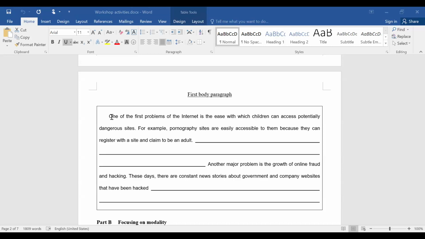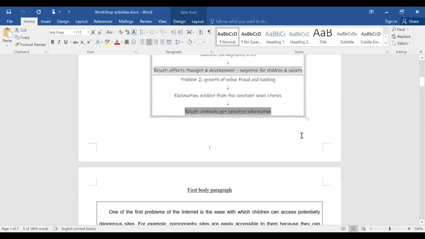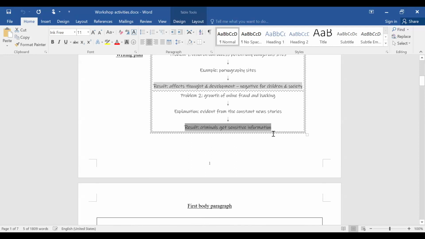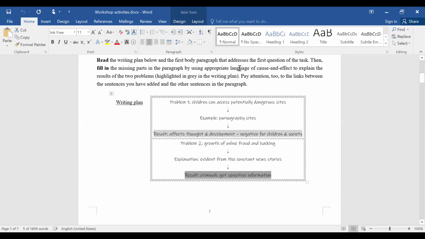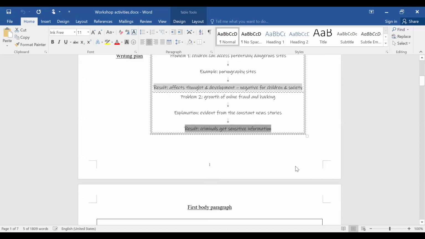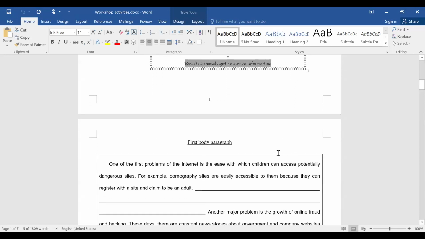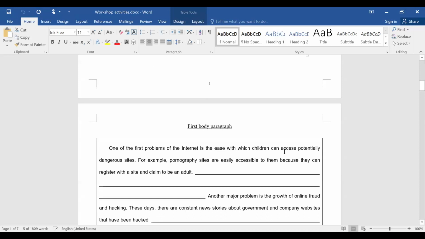So, Zifei, do you have the answer for the second sentence, or the other students? So, any suggestions or any ways of putting the result here? Criminals get sensitive information. Any ways that we can use to put this piece of information into a complete sentence using appropriate language of cause and effect? Any ideas? Any answers?